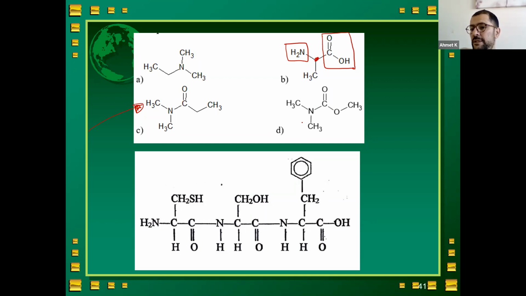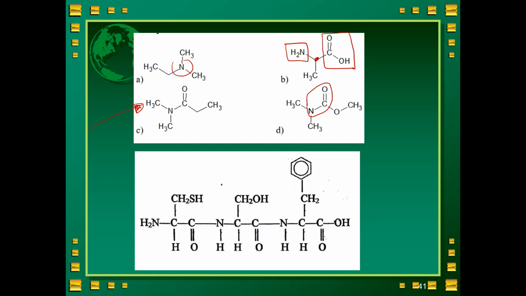I don't know which amino acid it is, but it's an amino acid. As you can see, this is an amide here. This is not an amino acid, and there's no carboxylic acid. And same thing, there's no carboxylic acid. This is an amide, and this is just an amine. Makes sense, everyone?